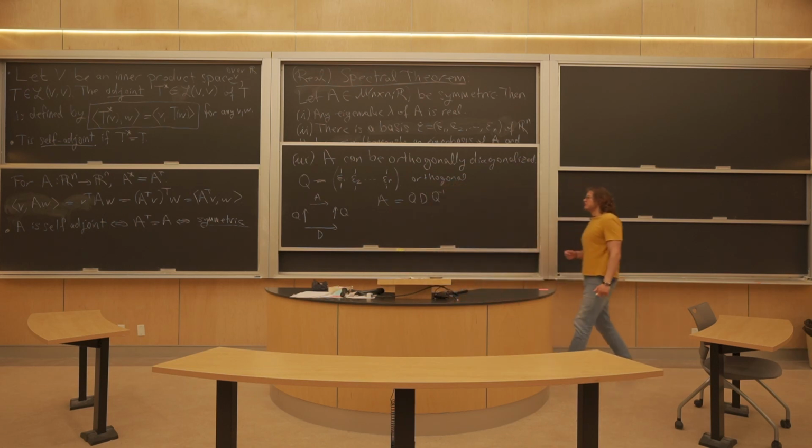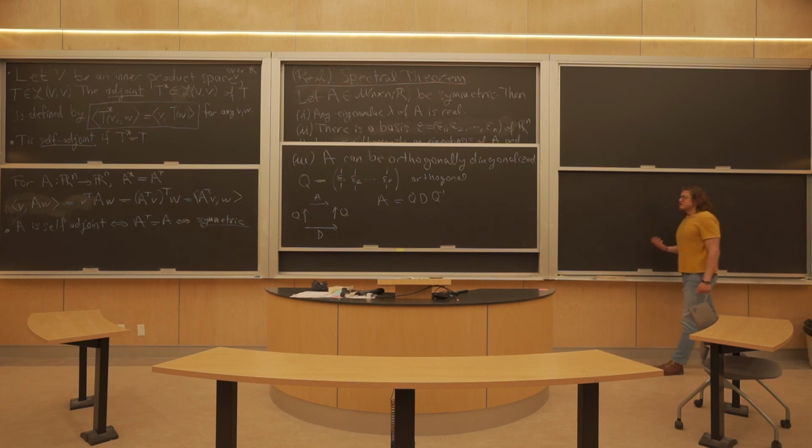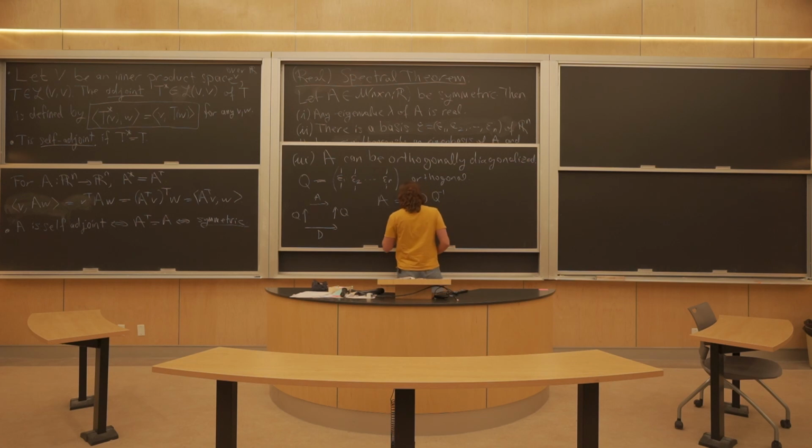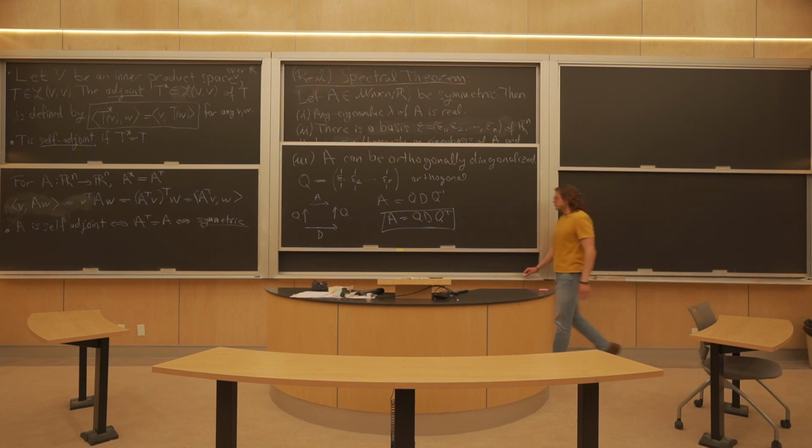But of course, the beauty of using an orthogonal matrix there to change your coordinates is that the inverse of an orthogonal matrix is its transpose. So instead of taking this inverse, you can just write it like this. So you can also say that A is orthogonally similar to a diagonal matrix.